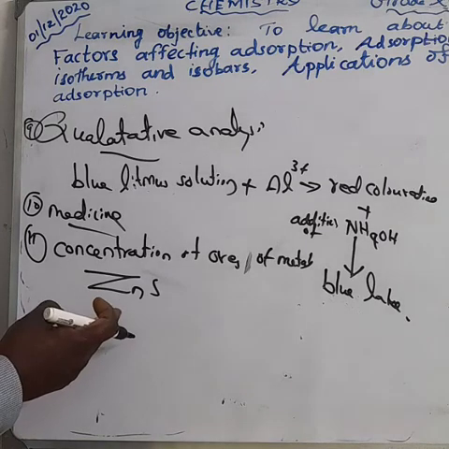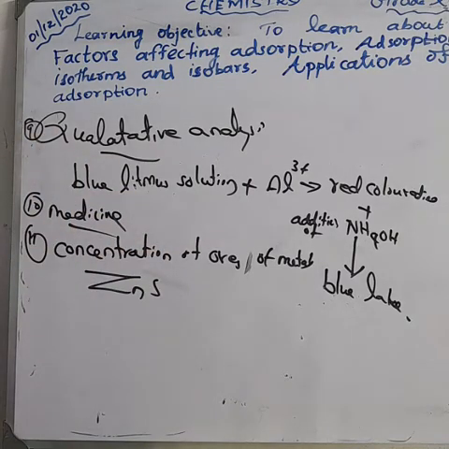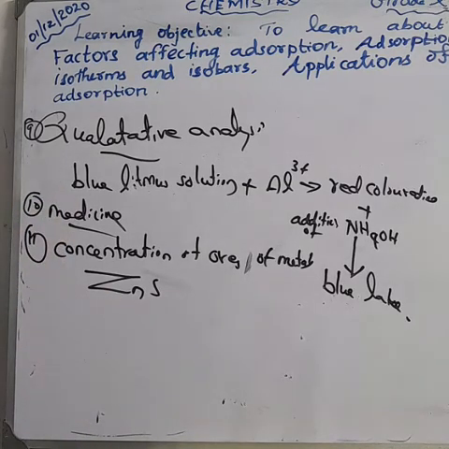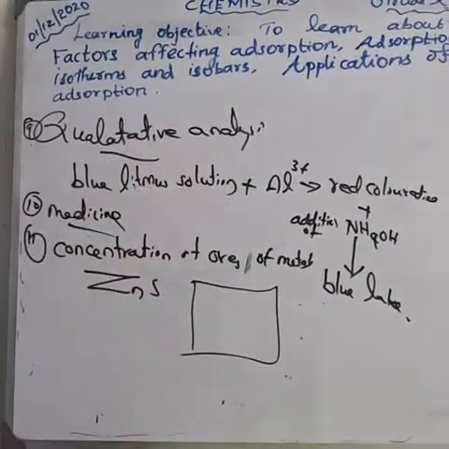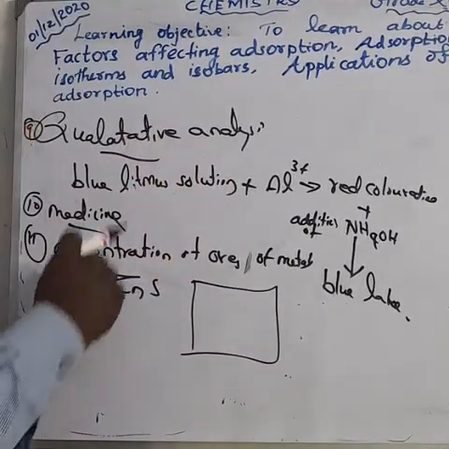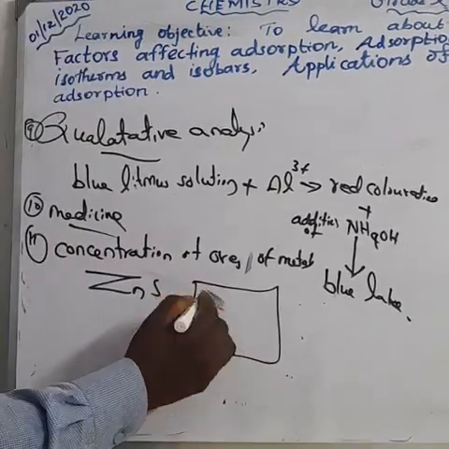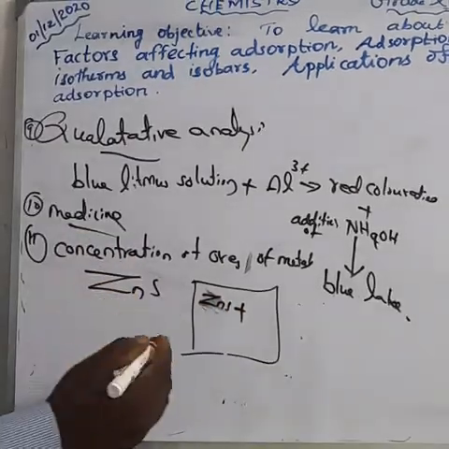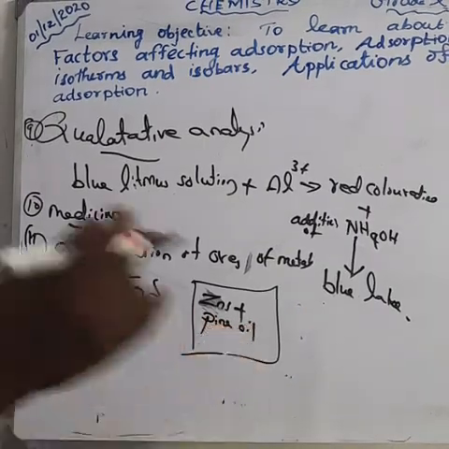First we powder the zinc blende. We take an iron tank, and in that tank we add the zinc blende and one of the oils, pine oil.